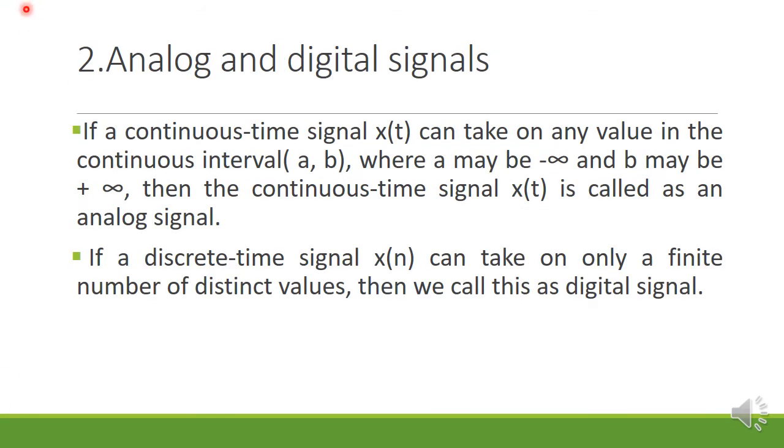Next, let us move to the second topic, analog and digital signals. All of you are aware of analog and digital signals. What do you mean by an analog signal? An analog signal is first of all a continuous time signal, that means x of t.